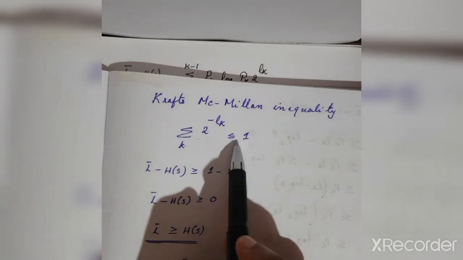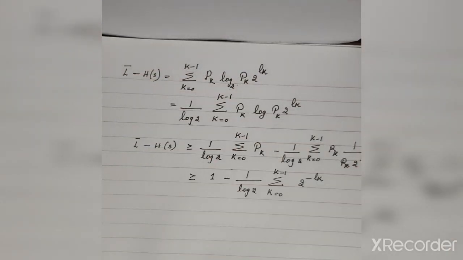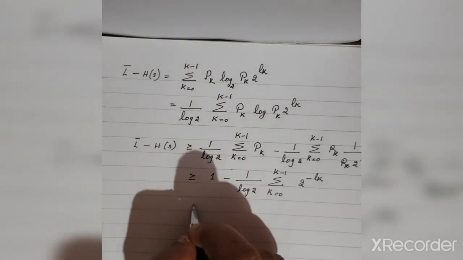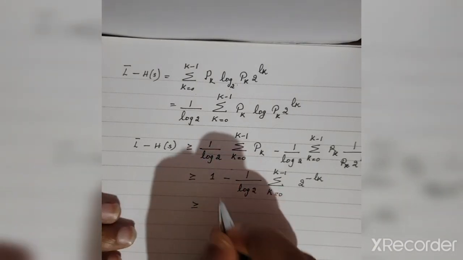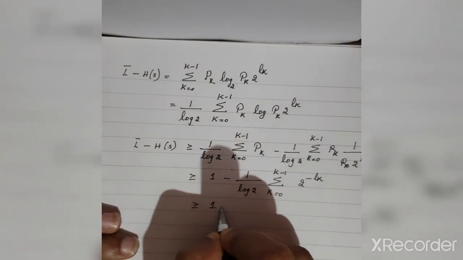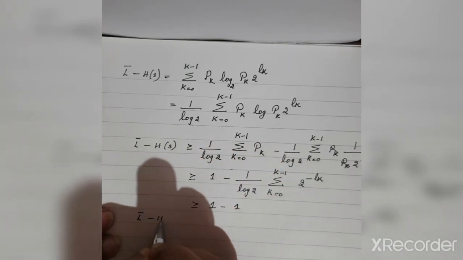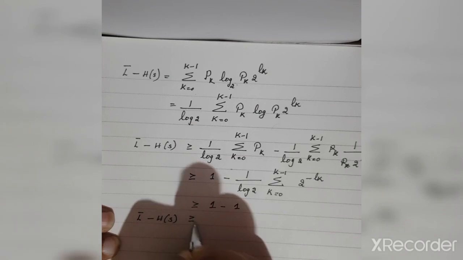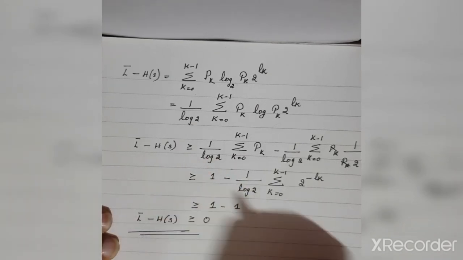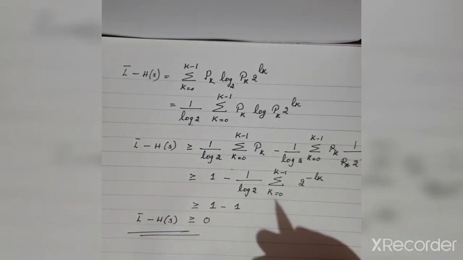So you can take it as 1. When you substitute 1, it becomes 1 minus 1, which shows that L bar minus h of s is greater than or equal to 0. So you proved the second half, the lower bound.